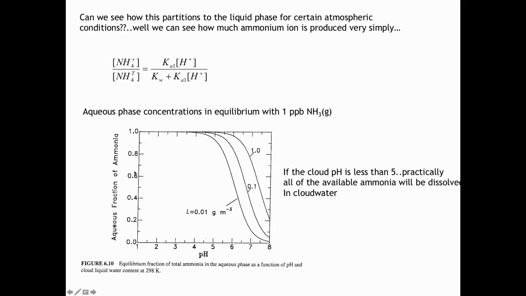And you can see the relationship between pH and the aqueous fraction of ammonia. So the aqueous fraction of ammonia is NH4 total as a function of the NH4 total plus the PNH3. And you can see the aqueous fraction goes up as the pH goes down.